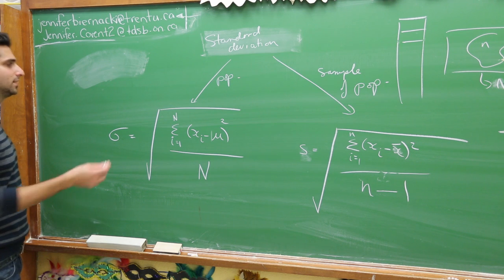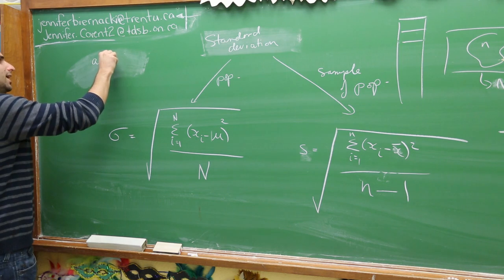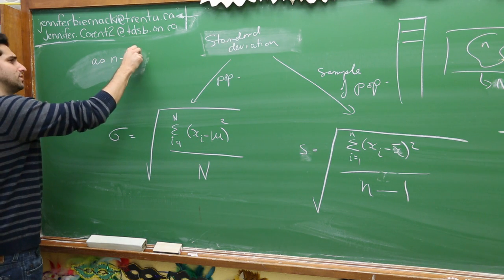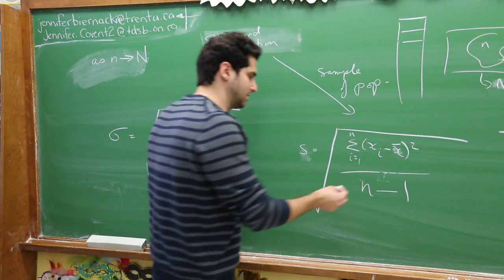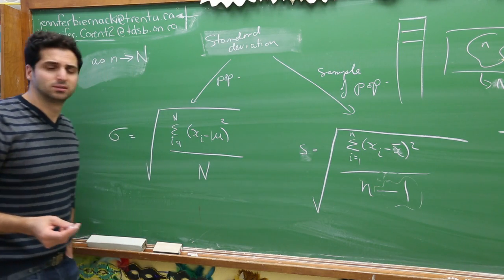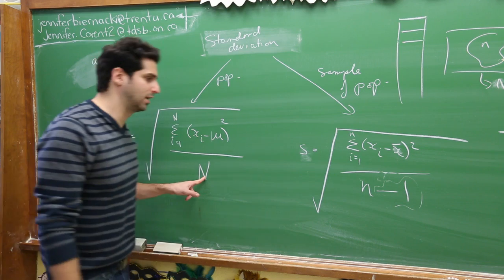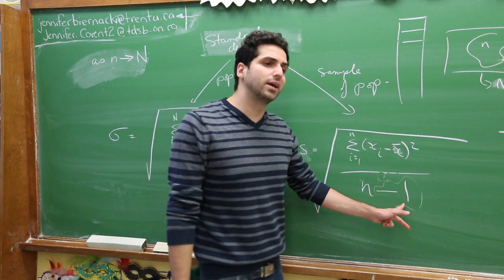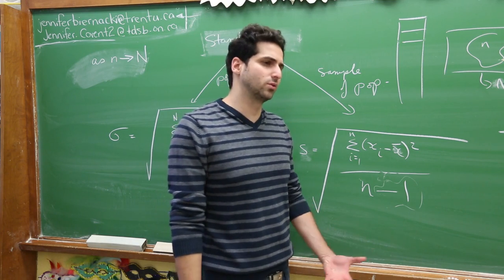What I can say is that as n approaches capital N, the significance of this minus 1 becomes lesser. As n starts to approach the value of capital N, does that minus 1 have a greater or lesser effect? Lesser and lesser effect, right?